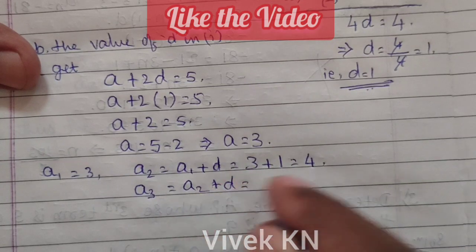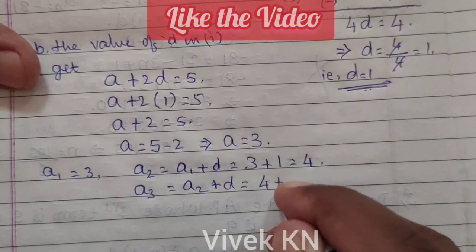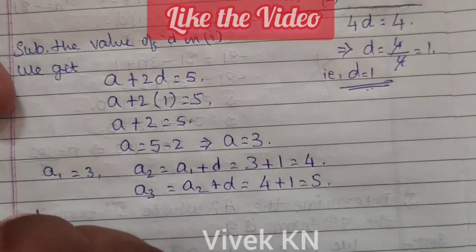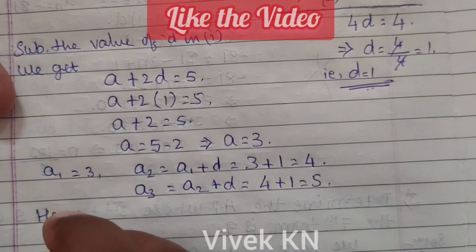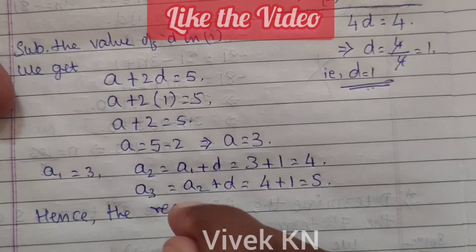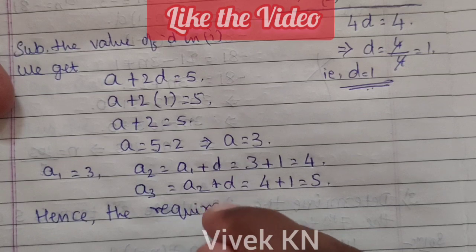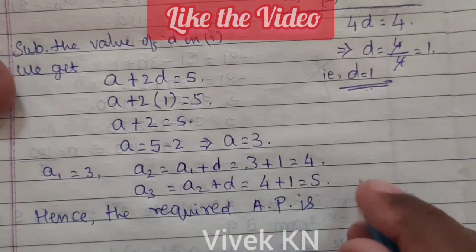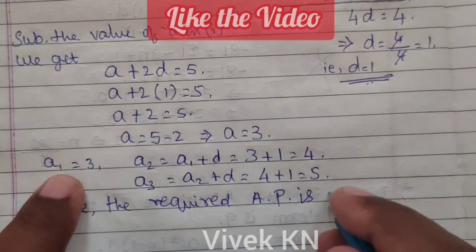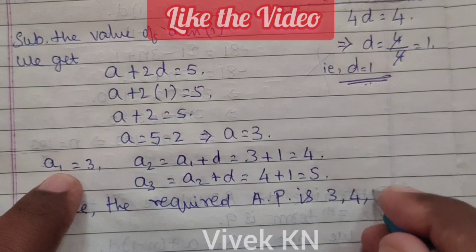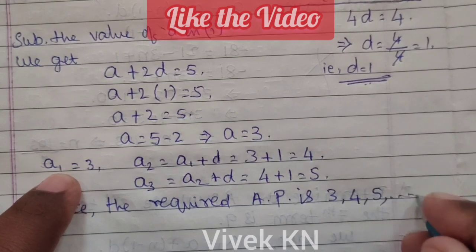Value of second term is 4 plus 1 equals 5. Hence the required arithmetic progression is, first term is 3, second term 4, third term 5, and so on.